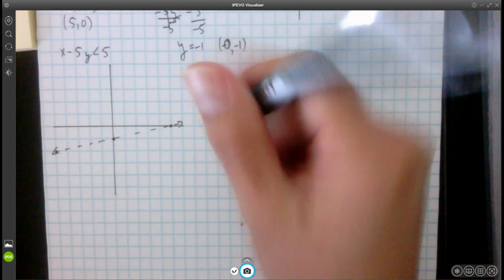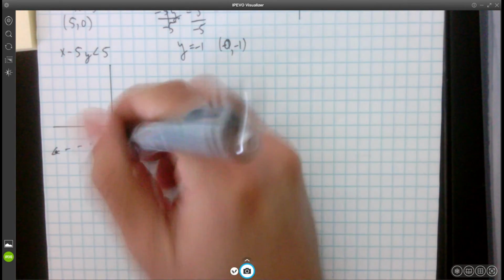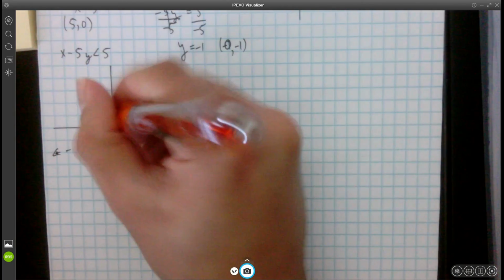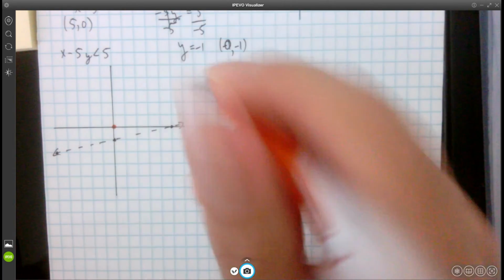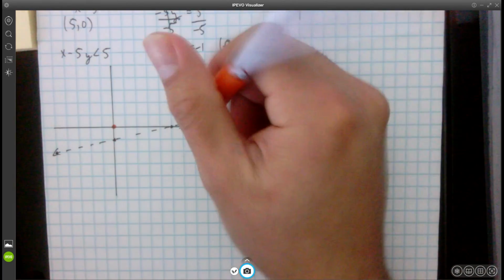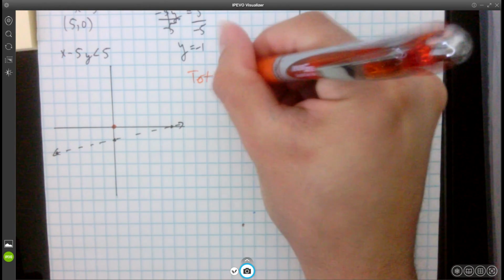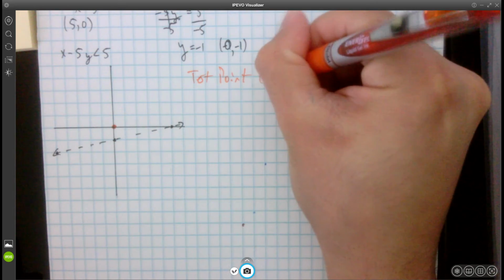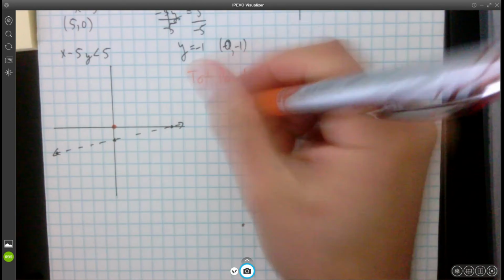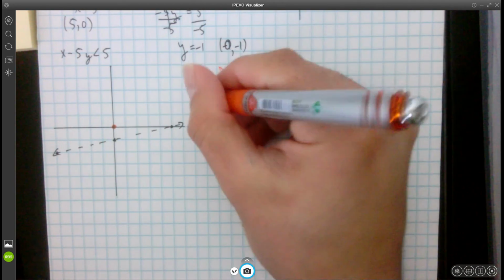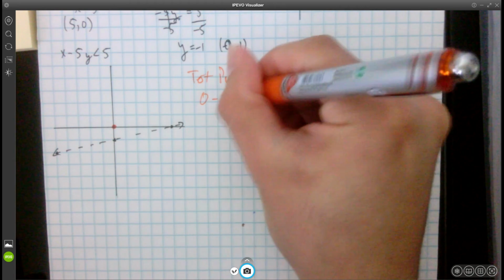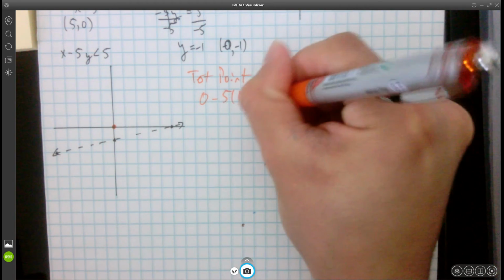Now I need to find a test point. In this case, I'm going to use 0, 0 since it's not on my inequality. Okay, so my test point is 0, 0. Let's test it. 0 minus 5 times 0 is less than 5.